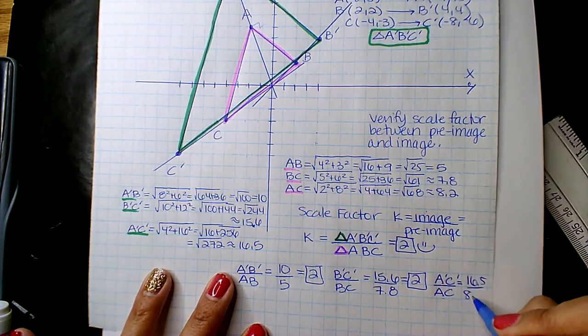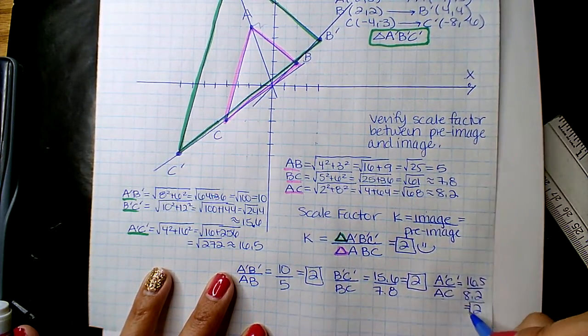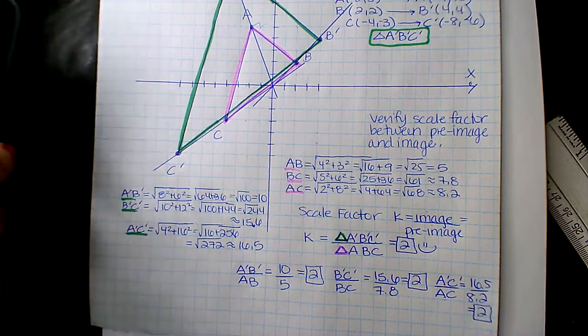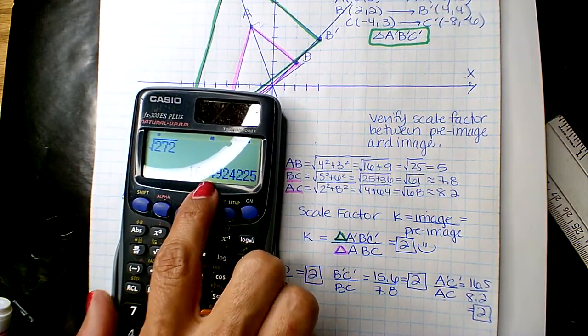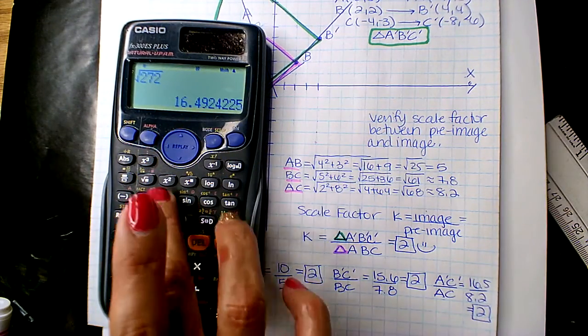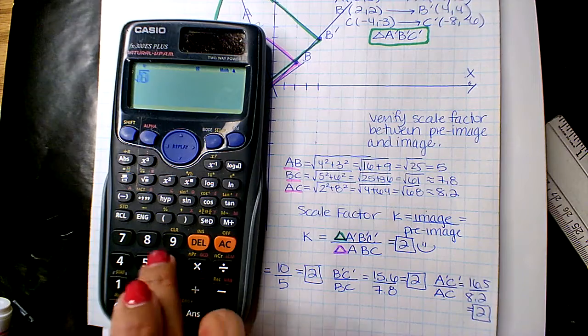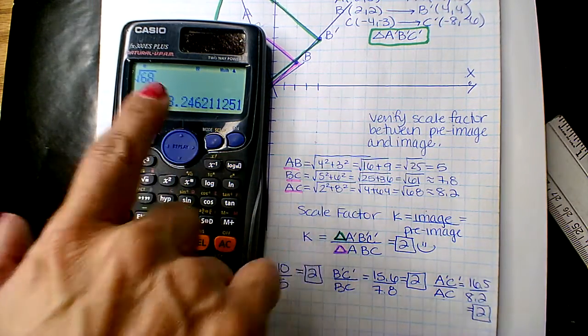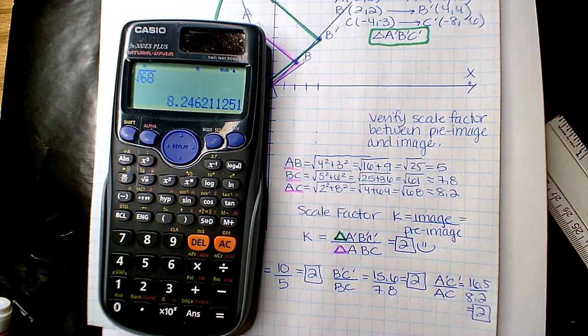All right, we're a little off here, and it's by significant figures. Because what was 272? Yeah, 272 is 16.49. And then radical 68 is 8.24, so it's still 2.